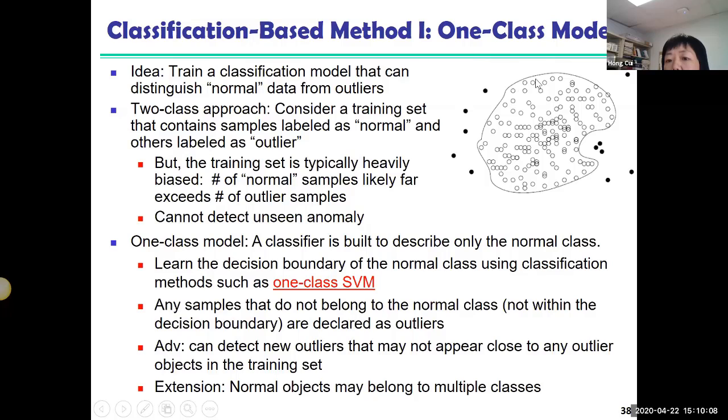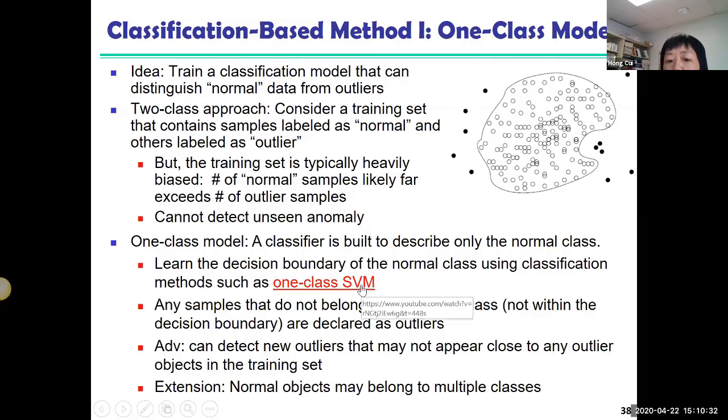The goal is to minimize the radius here, and allow some slack factors, allow some errors that would make those outliers become support vectors surrounding this decision boundary.